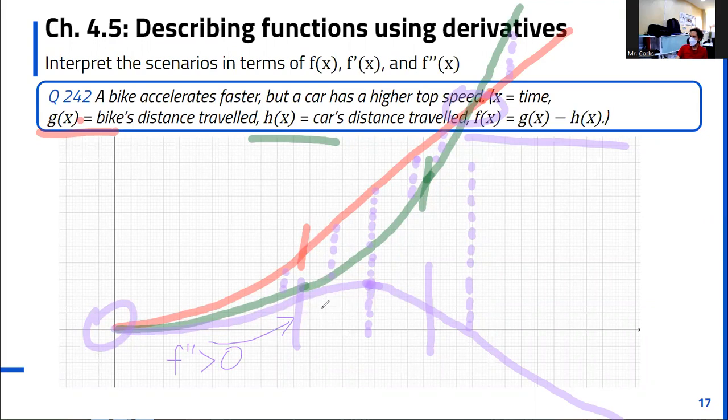So the bike is still ahead, but it's not getting more ahead each time. The rate at which the gap increases is starting to slow down. So we start curving down here, and we hit this maximum while we're still curving down.